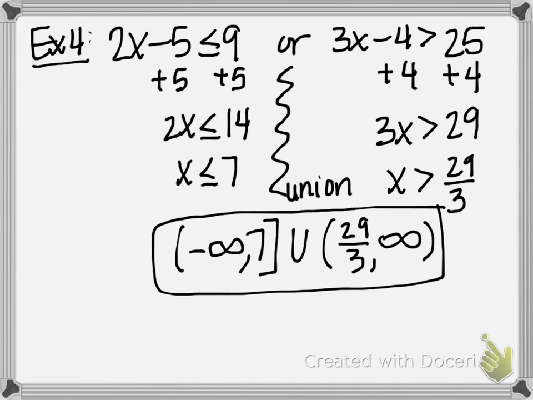Make sure you agree with my symbols. Because of this underline, I was supposed to use a square bracket. And because of this not being underlined, I was supposed to use a parenthesis. So this answer looks good to me. The order makes sense. This is a 9.6, and if that's a 9.6, then 7 is smaller than 9.6. So that's good.